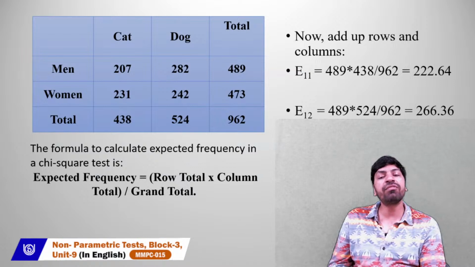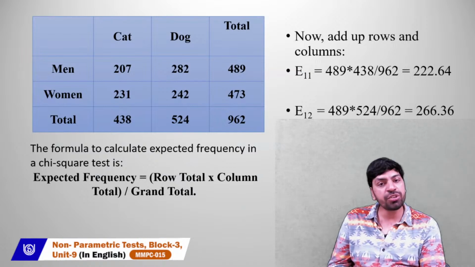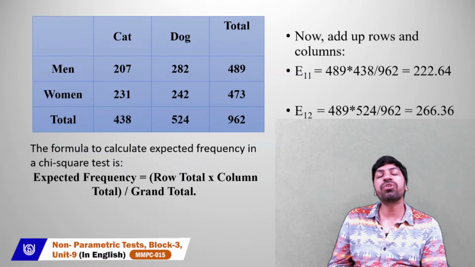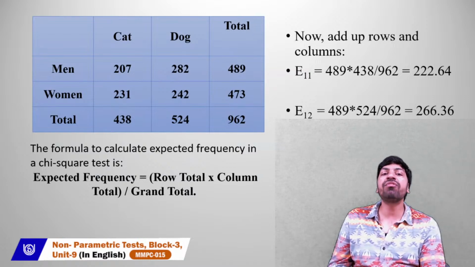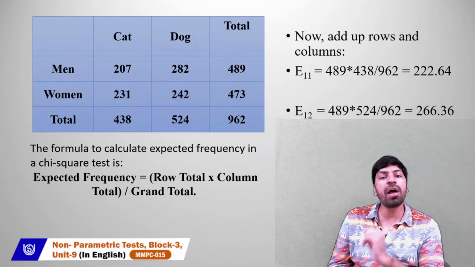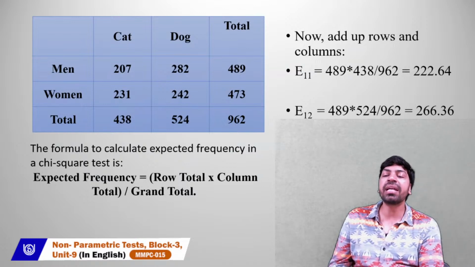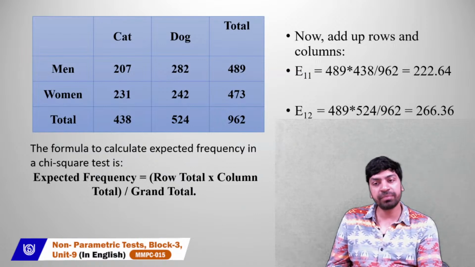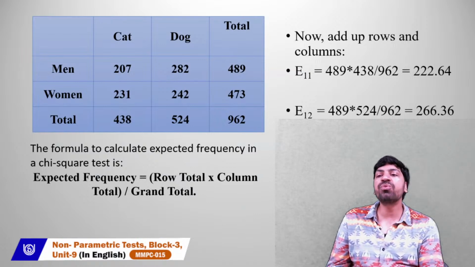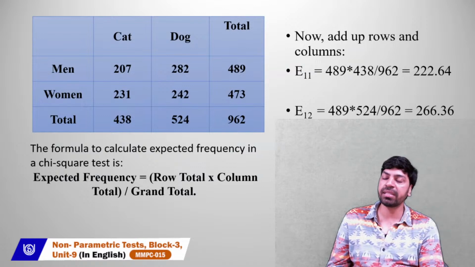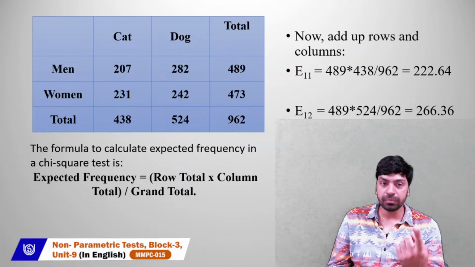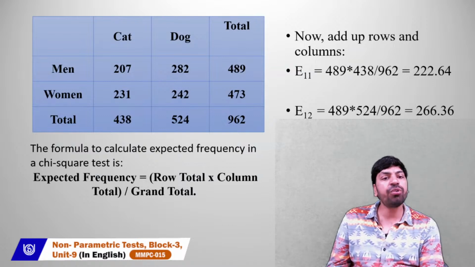Once we multiply and divide by the grand total, we get 266.36.